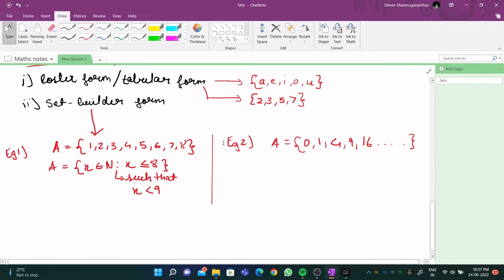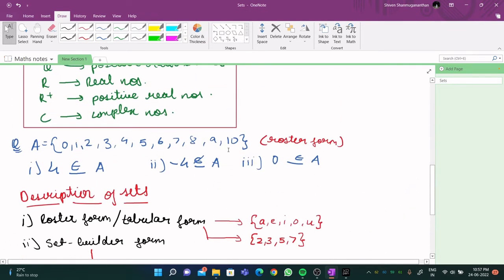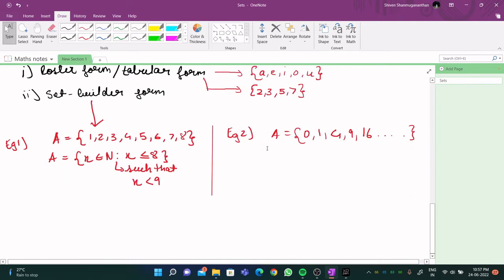Now, if you look at the sets we had earlier, all these sets have a finite number of elements, which means you can count those elements. If you keep counting, eventually you will find the last element. But here, we have 0, 1, 4, 9, and 16, and we don't have an ending element here, which means this is an infinite set. Even if you keep counting and counting and counting, there will always be more elements ahead of you.